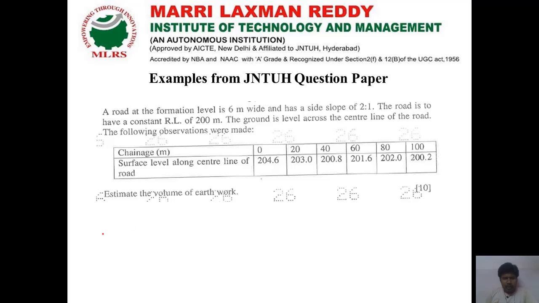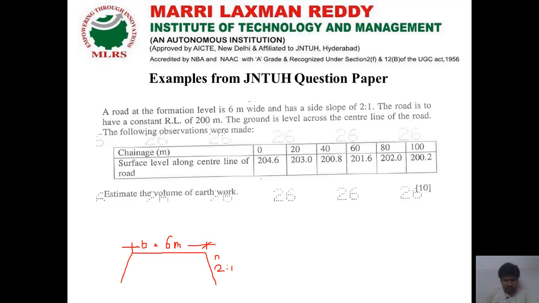So now we move on to the problem. First I will try to draw a figure. Here they have given a road at formation level. The breadth of the road B equals 6 meter, and the side slope is 2:1, so n equals 2.